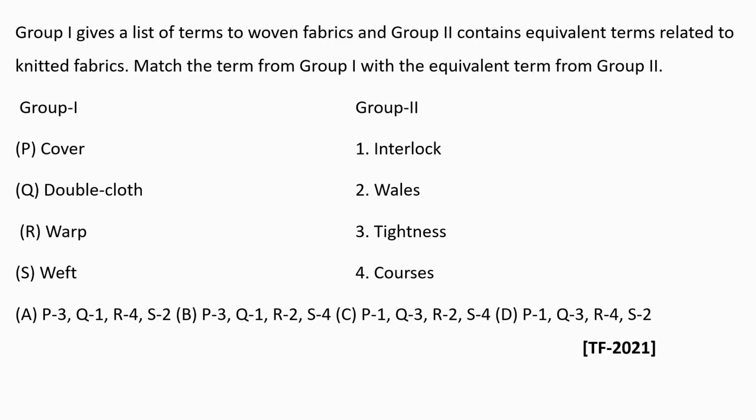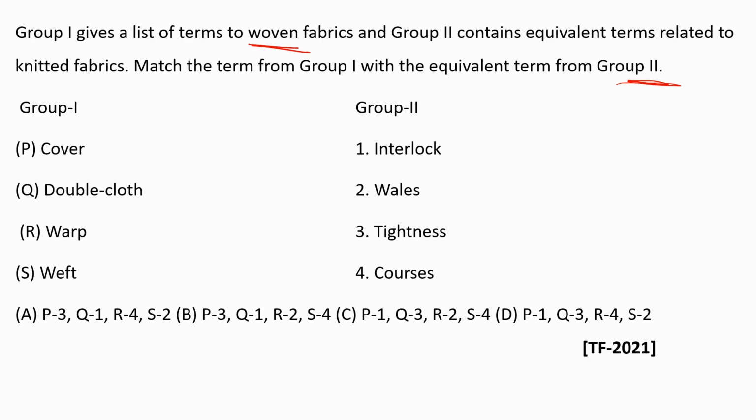Group 1 gives a list of terms related to woven fabrics, and group 2 contains equivalent terms related to knitted fabrics. Match the term from group 1 with the equivalent term from group 2. These are basic questions that test your basic understanding of textiles in the case of woven and knitted fabrics.